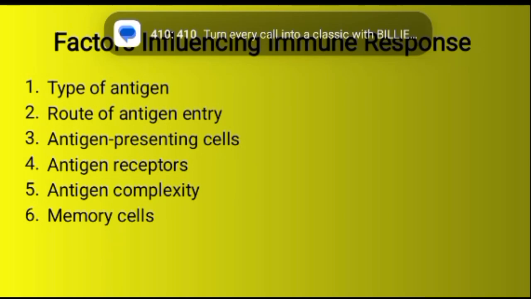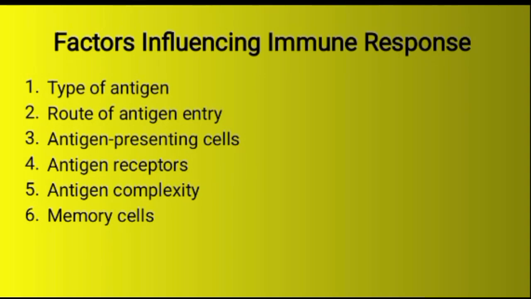Then there is antigen complexity, a situation where the antigen is antigenic but not immunogenic because it is below 10,000 Dalton. So it is not within the molecular complexity to trigger an immune response. Then there is the availability of the memory cells.